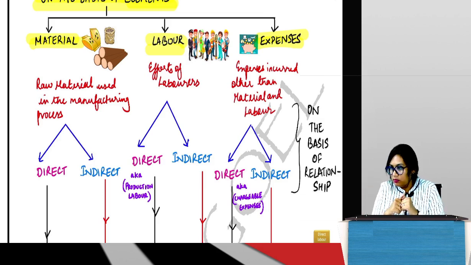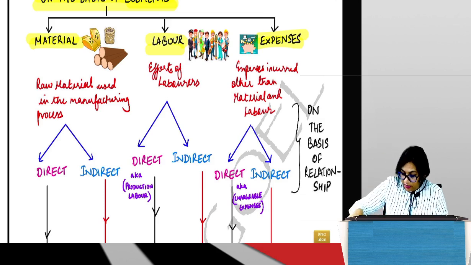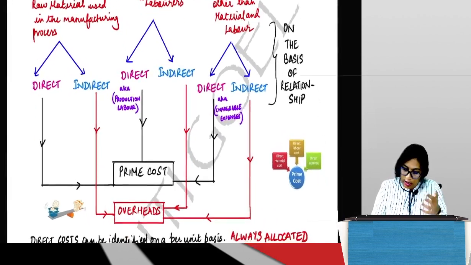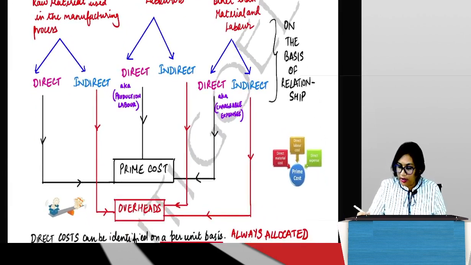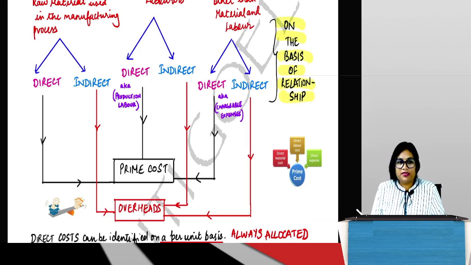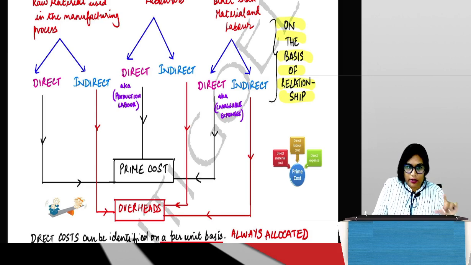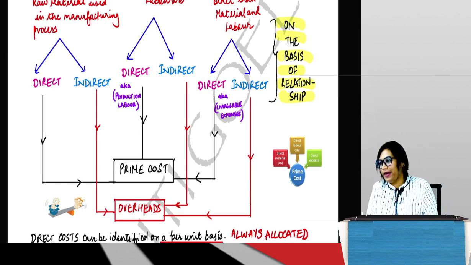Now I will use one more classification to break this down further. I have classified further here only, not taken a separate chart. So on the basis of relationship, each of these elements can be further classified into their direct and indirect component.